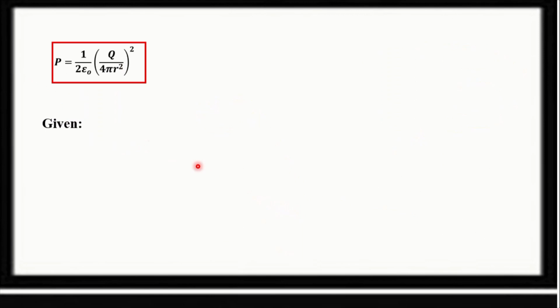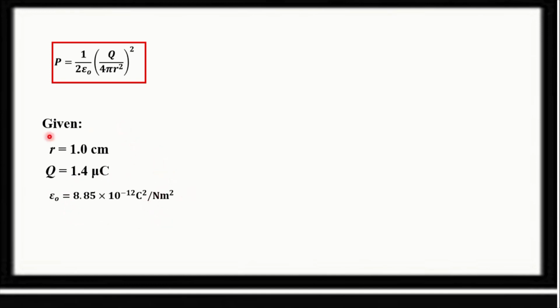Let's now estimate the magnitude of this pressure for the following parameters. We take a radius of the ball of 1 centimeter, charge equal to 1.4 microcoulombs, and we know that the permittivity of free space is given by this number.